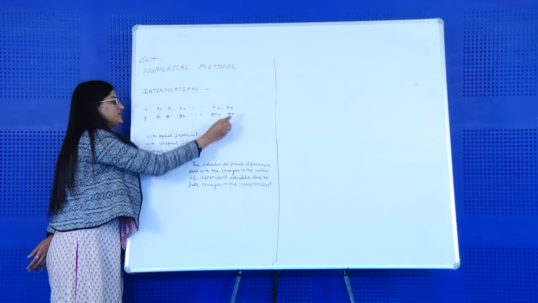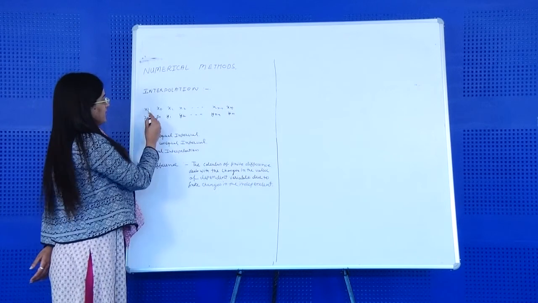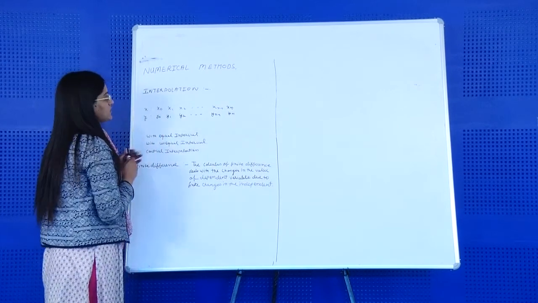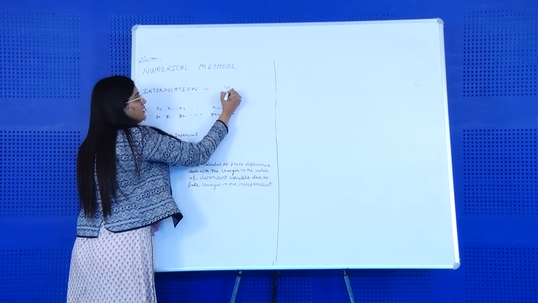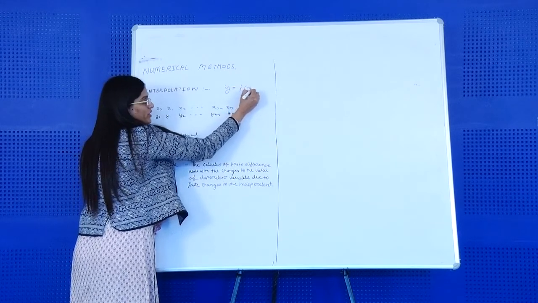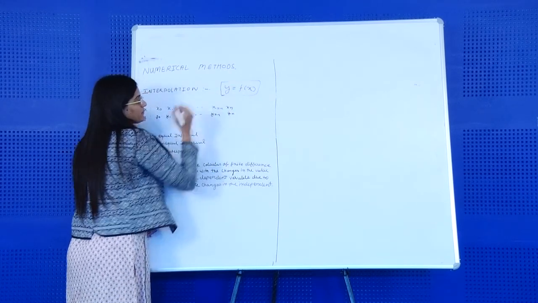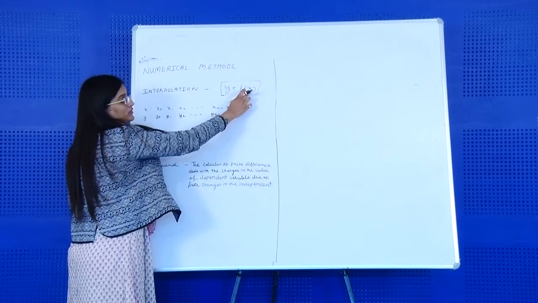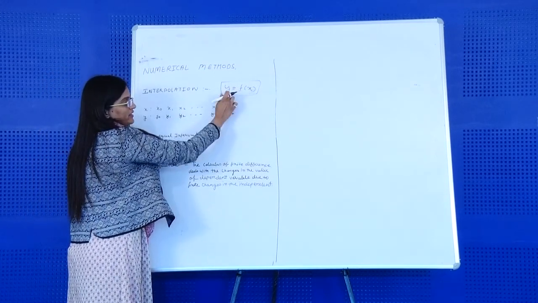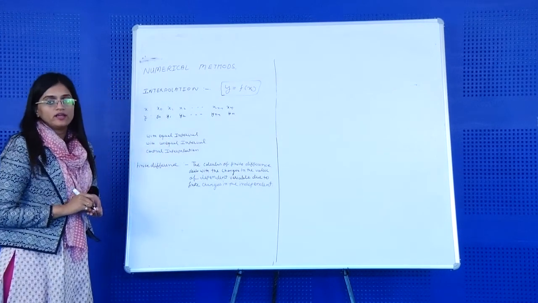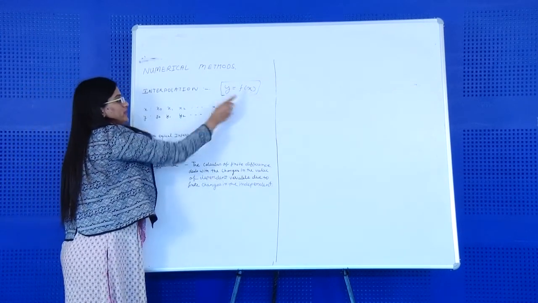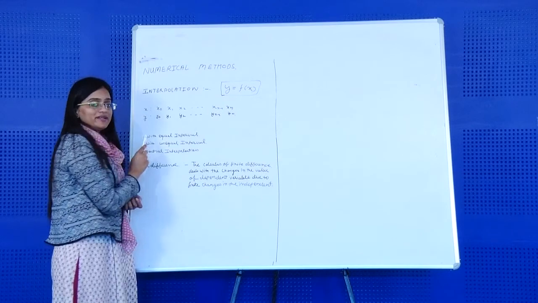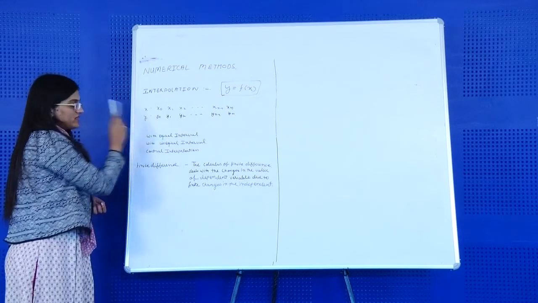If we tabulate the entire data in x and y terms, because previously I explained we deal with y equals f of x as our main equation, where x is independent and y is dependent. So basically I have two variables and I want to tabulate the entire values in terms of x and y.